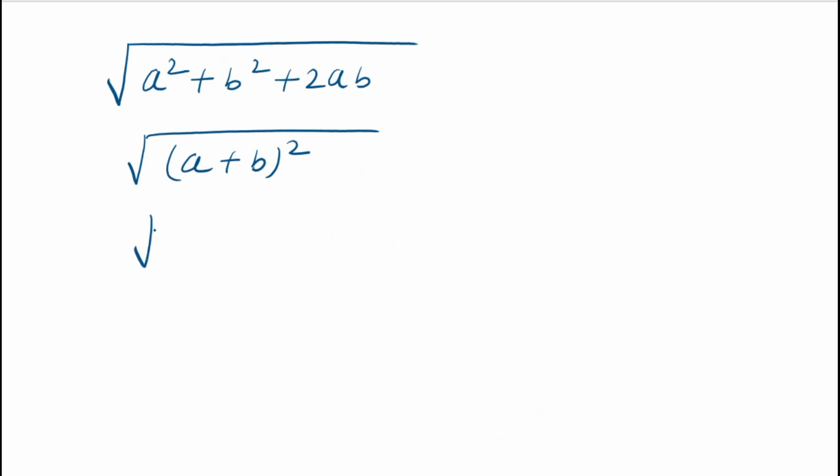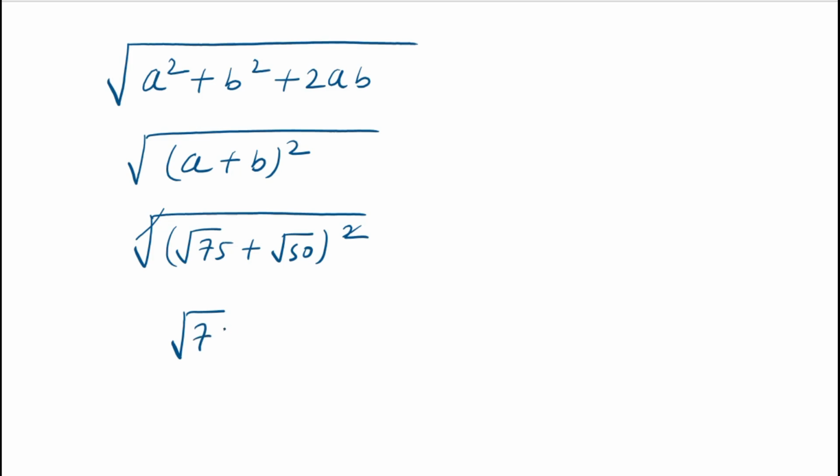So A is replaced by square root of 75 and B by square root of 50, whole squared. The square root is cancelled out by this square. Then you will get here square root of 75 plus square root of 50.